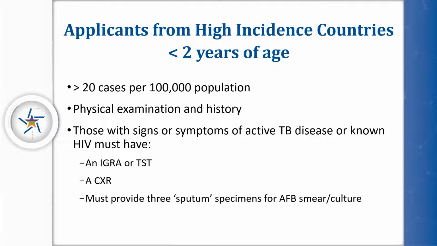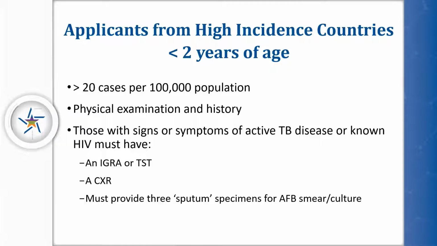TST reading is getting to be a lost art. It's a smaller number of people who can actually do them and do them well, as people get older and retire. And the IGRA gives you a more objective assessment of TB infection for a child.